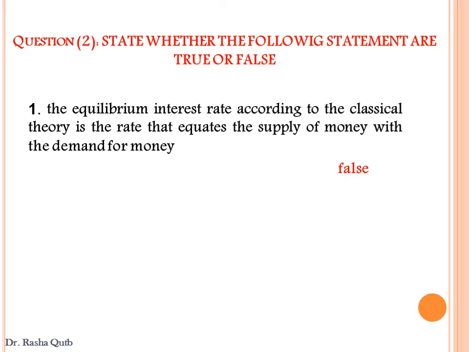According to the classical theory, the equilibrium interest rate is the rate that equates the supply of loanable funds, which reflects the savings, with the demand for loanable funds, which reflects the private investment plus bond finance of the budget deficit. So, the equilibrium interest rate according to the classical theory is a real variable, determined in the capital market, determined in the real market. It's not a monetary variable.